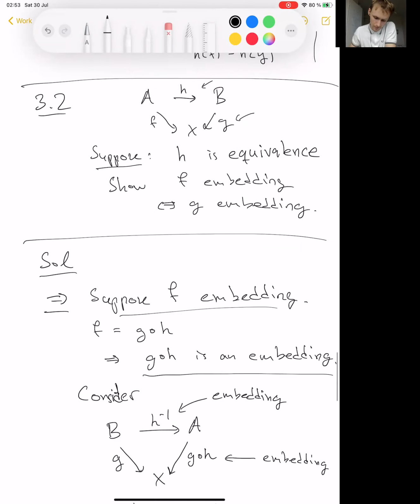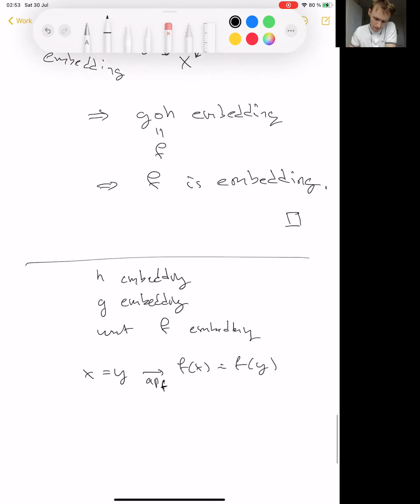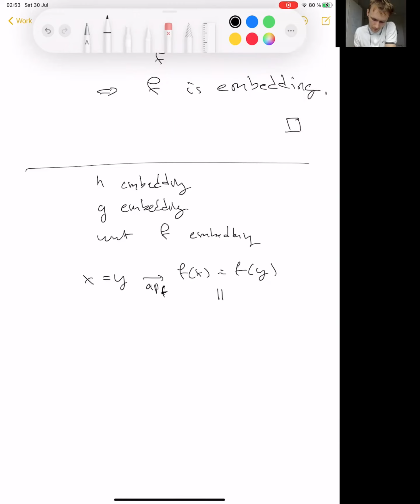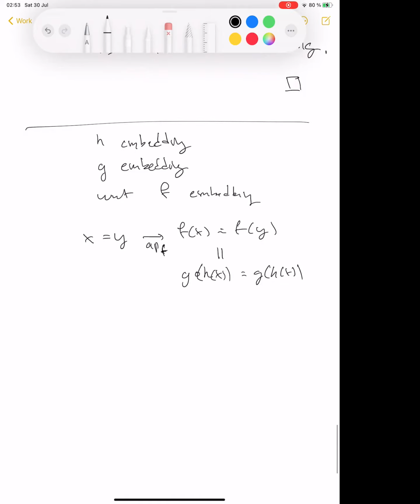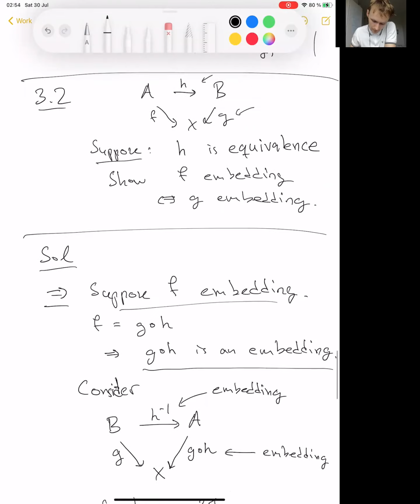No. F is the composition of G and H. So this is equal to G composed with H of X equals G composed with H of Y. This was from the diagram, right? Yes.